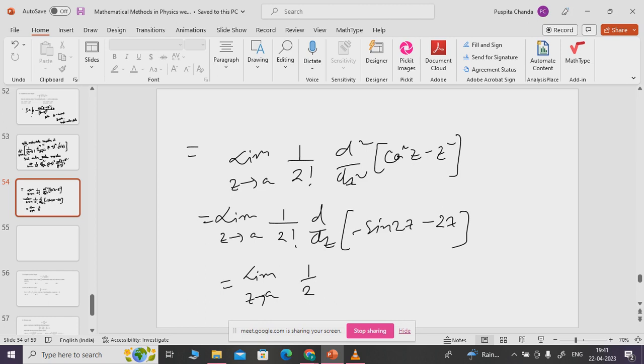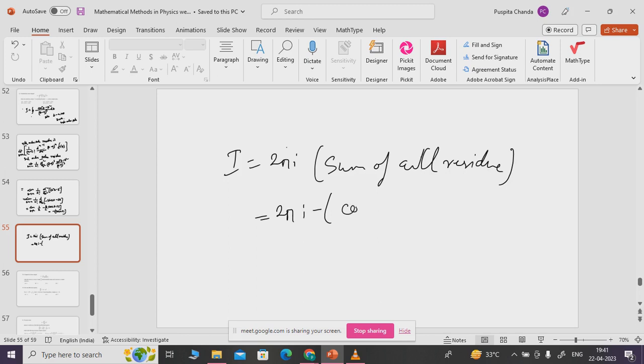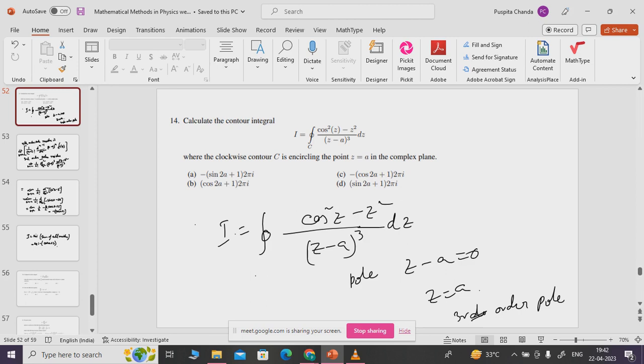Again, limit z tends to a, 1 by 2 times minus 2 cos 2z plus 2. So it will be minus cos 2a plus 1. So the integration is 2 pi i times the sum of all residues. So 2 pi i into minus cos 2a plus 1. So the answer is this.